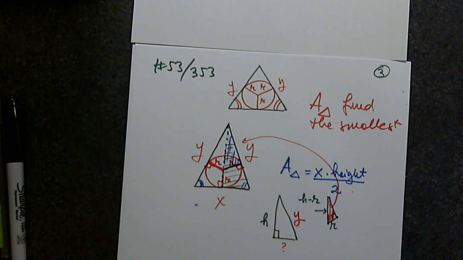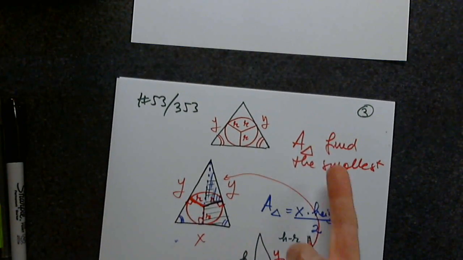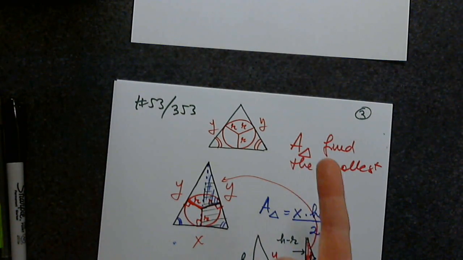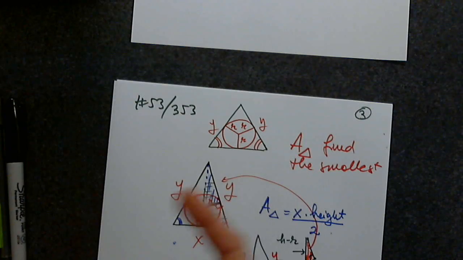Okay. What am I trying to do? I am trying to find the area of the triangle with nothing else but r in it, and maybe y or x. R is given. R is a number.